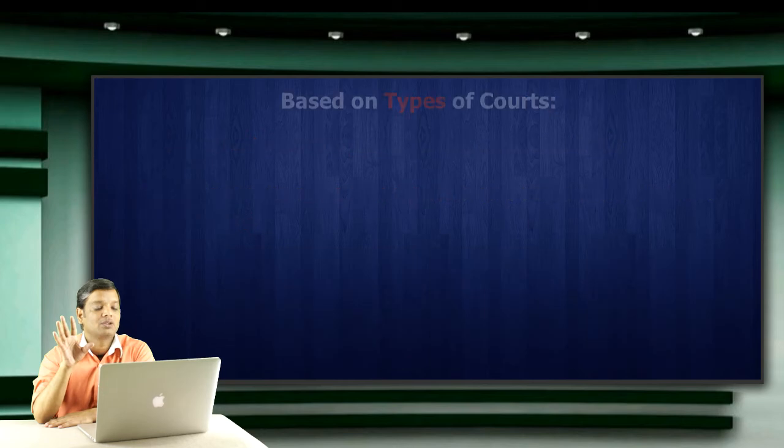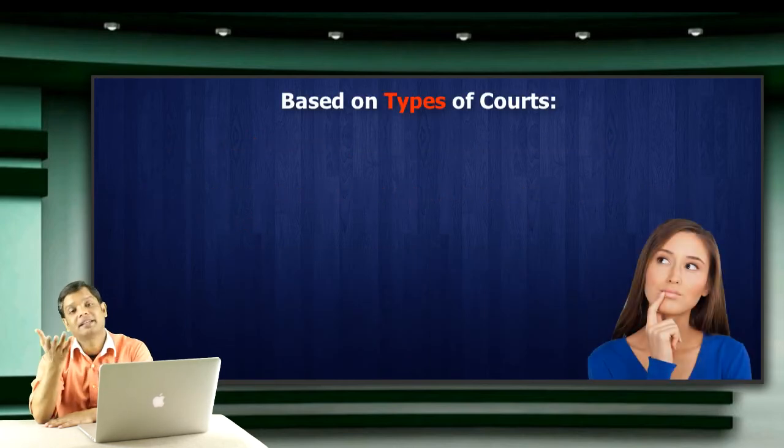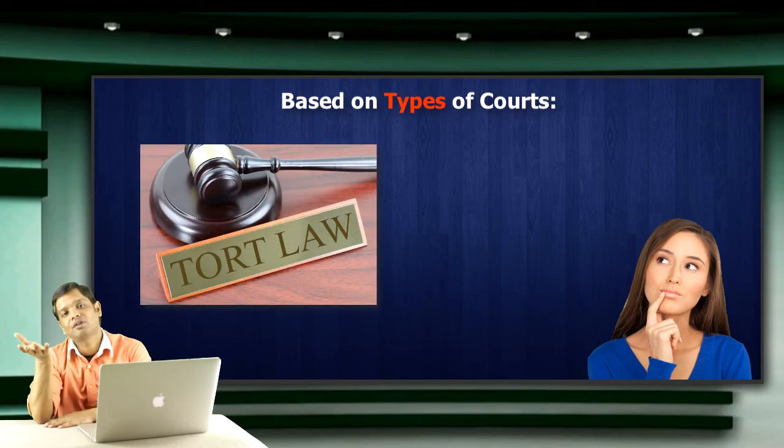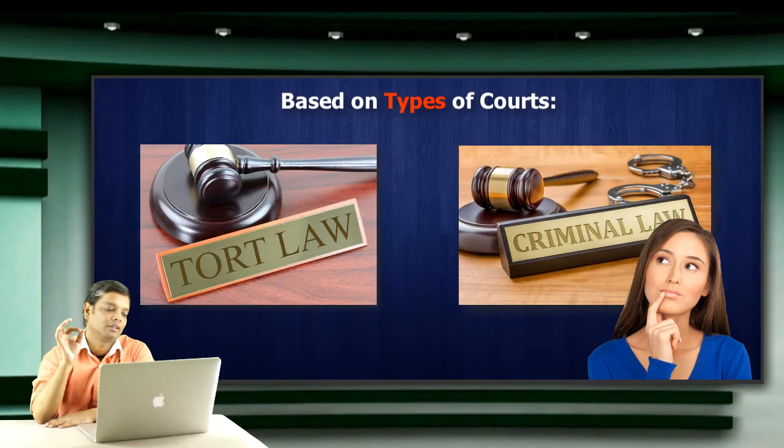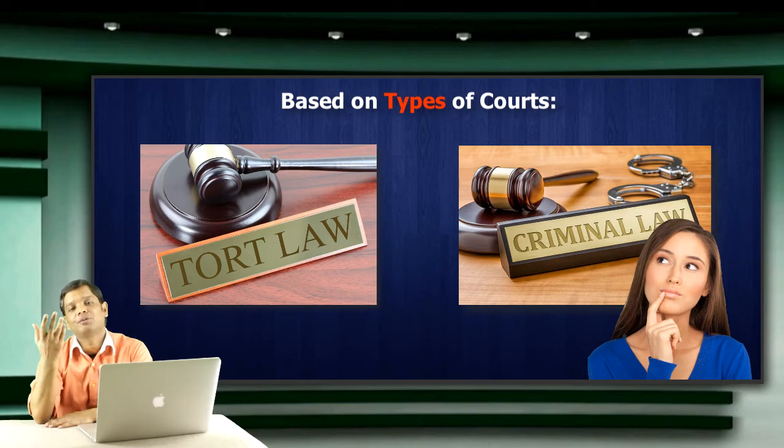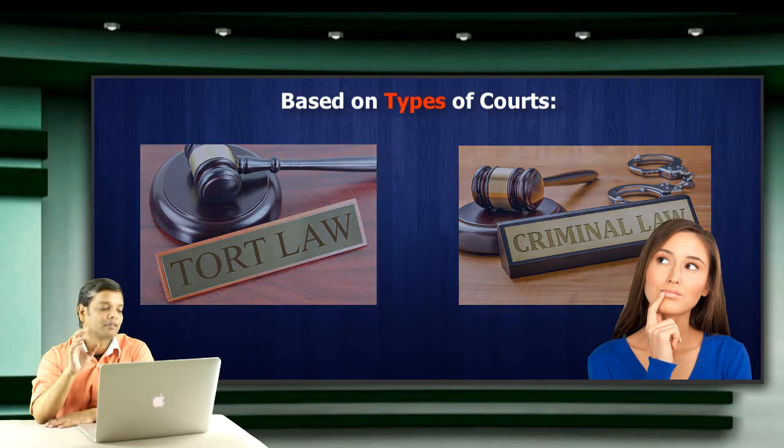Next one, based on types of courts. So where to file the case of tort law, where to file the case of criminal? Under this heading we will see where to file the case of tort and where to file the case of crime.